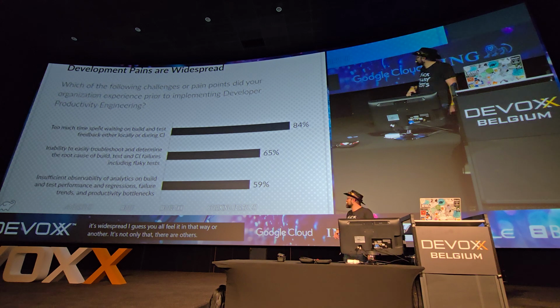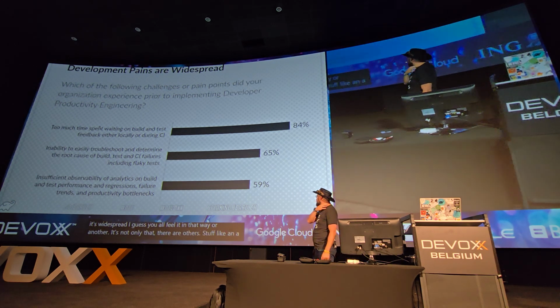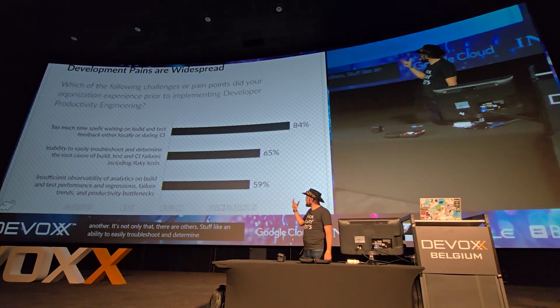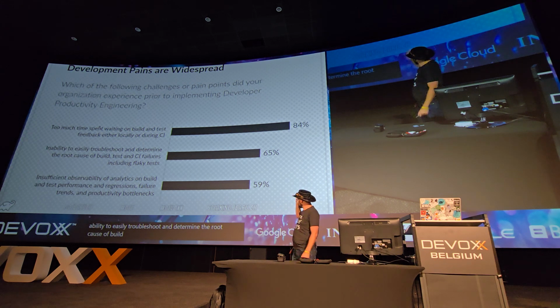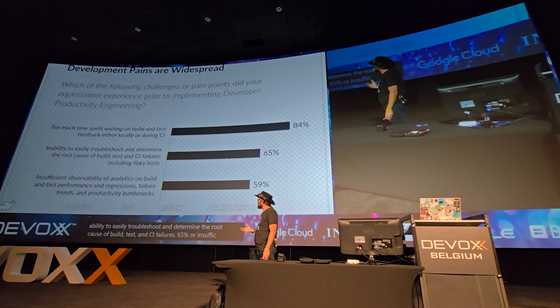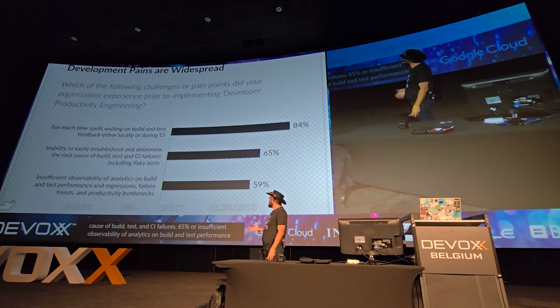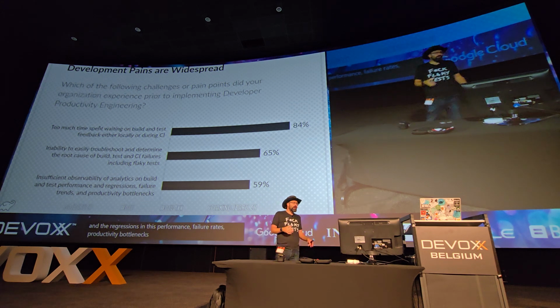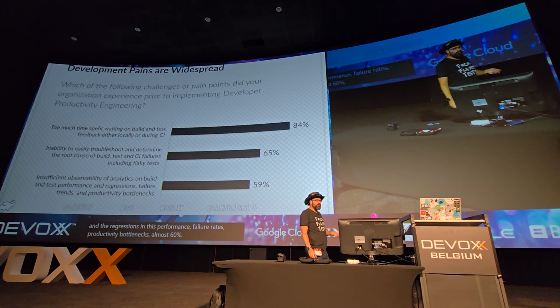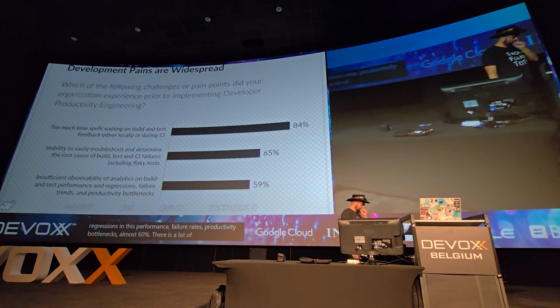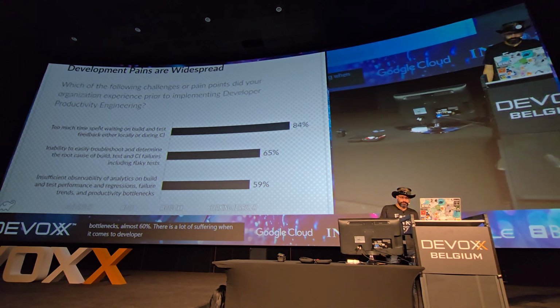Stuff like inability to easily troubleshoot and determine the root cause of build, test, and CI failures, 65%. Or insufficient observability and analytics on build and test performance and the regressions in this performance, failure trends, productivity bottlenecks, almost 60%. There is a lot of suffering when it comes to developer productivity.